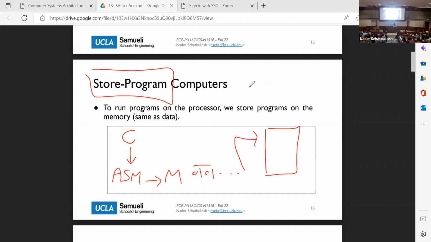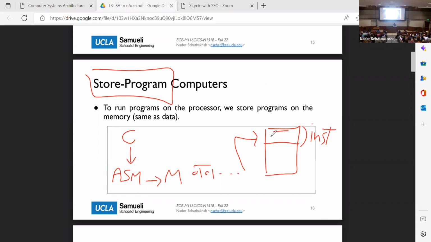We're going to say that, for example, this first quarter of the memory is for the instructions, and I'm going to load these instructions into this part of the memory.